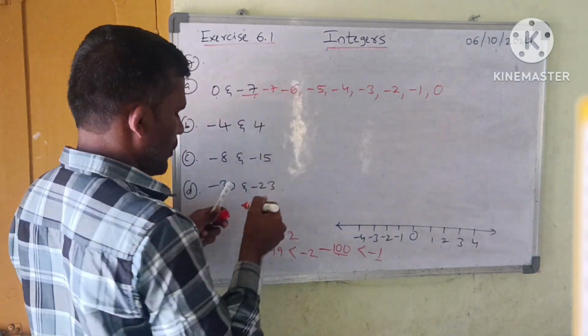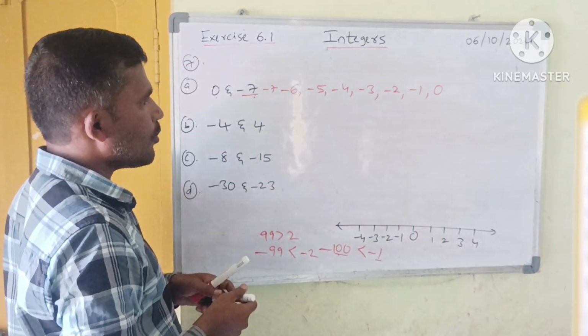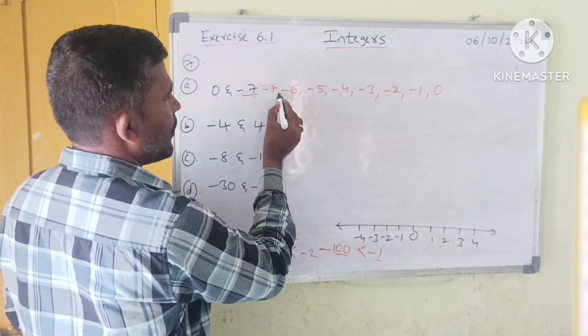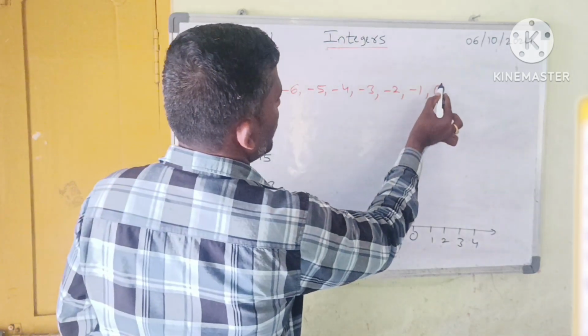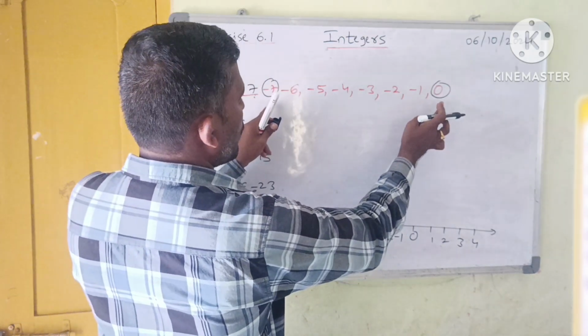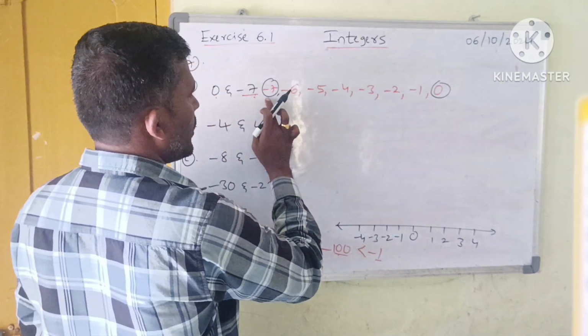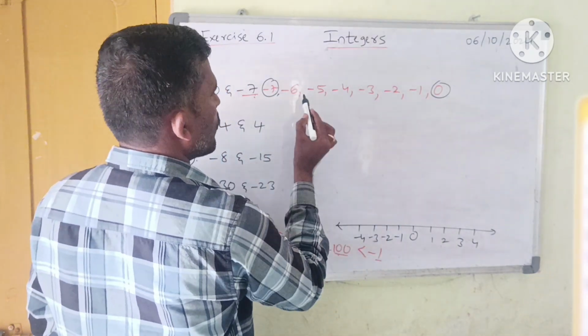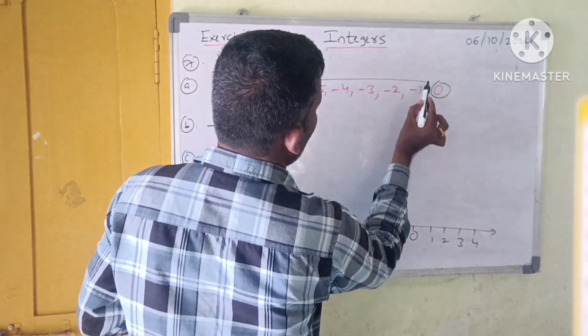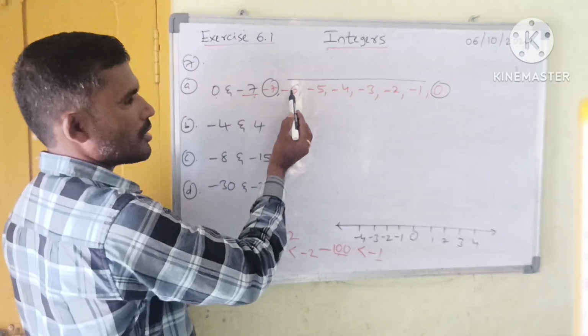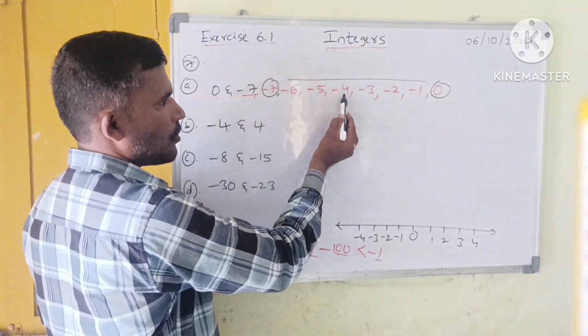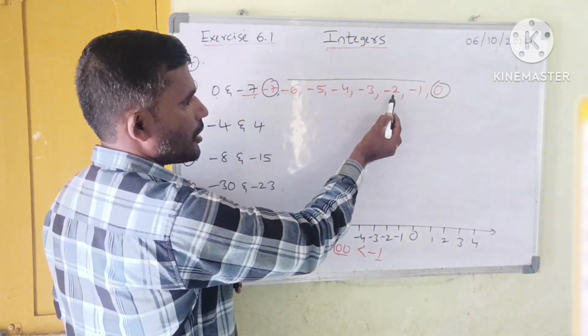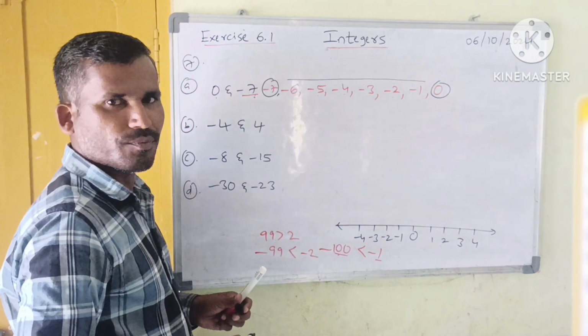But between is asked, so whenever between is asked, don't include these two, that is minus 7 and 0. You have to write only these numbers: minus 6, minus 5, minus 4, minus 3, minus 2, minus 1.